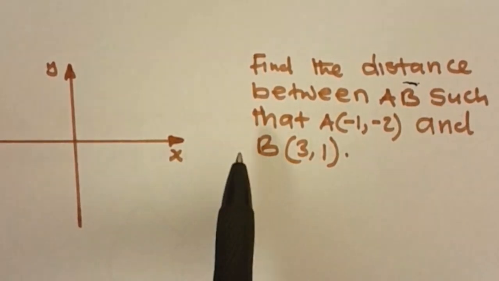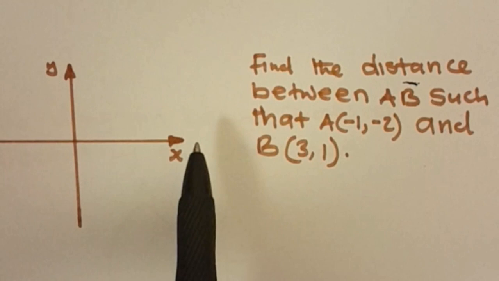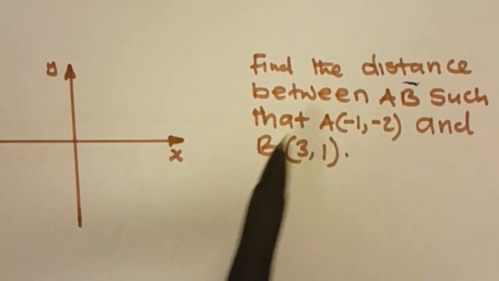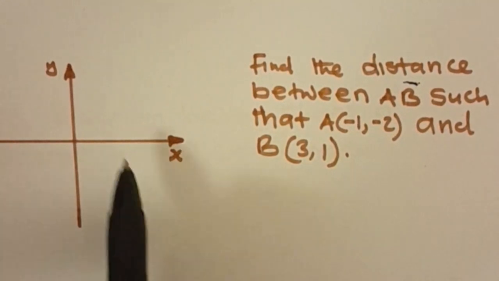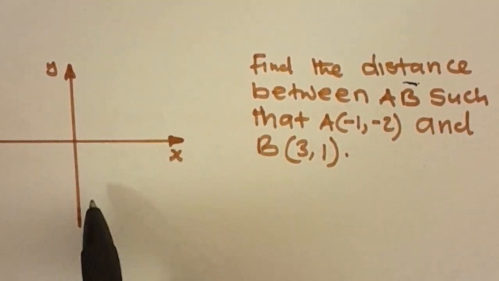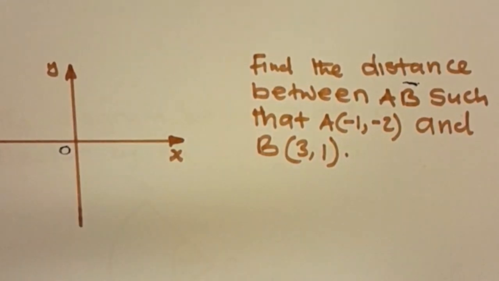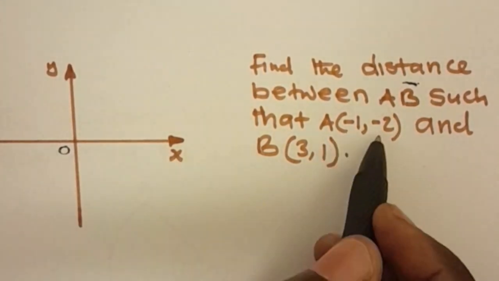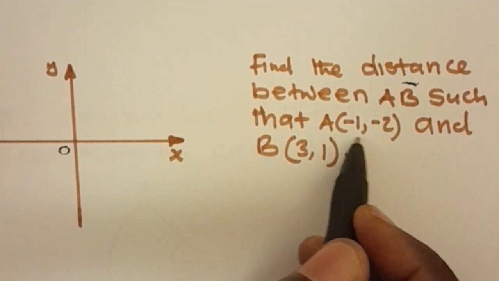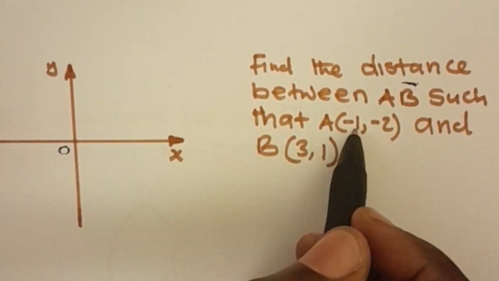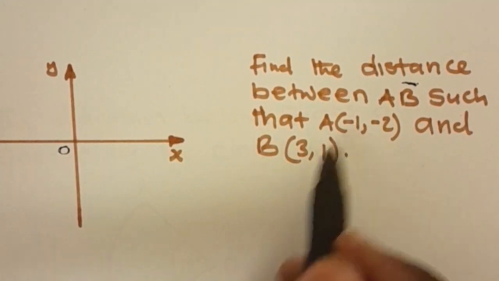So the first thing that you are supposed to do, you can make a visualization of the information that you've been given by plotting on the Cartesian plane. So here we have the origin here, 0. Okay, let's plot the point A. So point A, the x coordinate is -1.